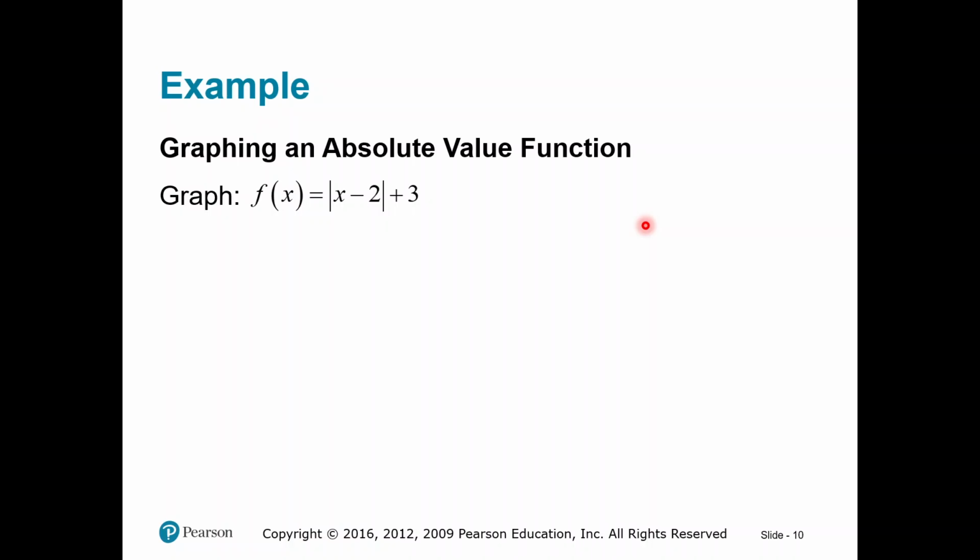You just have to plot some points. So let's do that. Let's start with the inside of the absolute value and make it equal to 0. And so x minus 2 equals 0. So x is then 2.